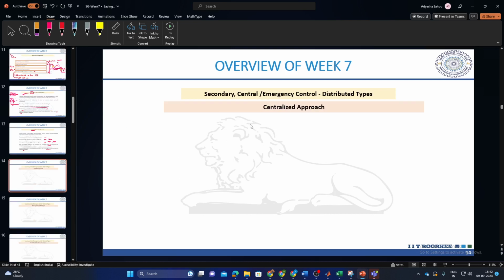Then we had types of secondary or central control schemes. The first one is the centralized approach.